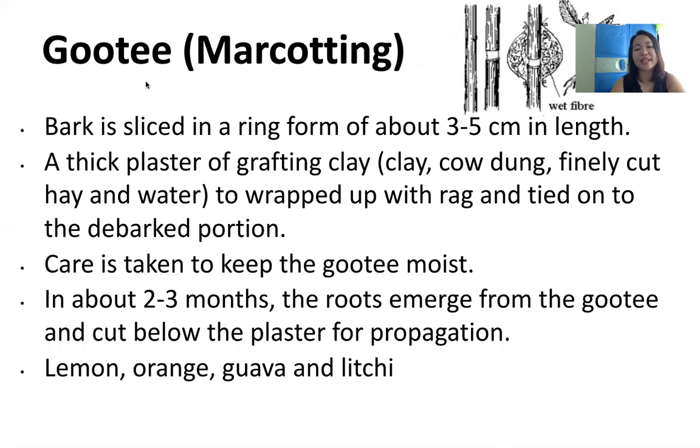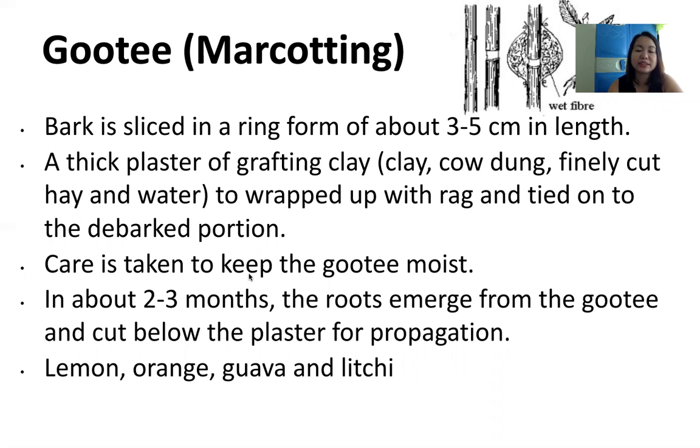Another is Gootee or Marcotting. It's the same as air layering, but it's more commonly called Gootee or Marcotting, wherein the bark is sliced in a ring form about 3 to 5 centimeters in length, and a thick plaster made of clay, cow dung, finely cut hay, and water is wrapped up with a rag and tied on the debarked portion.